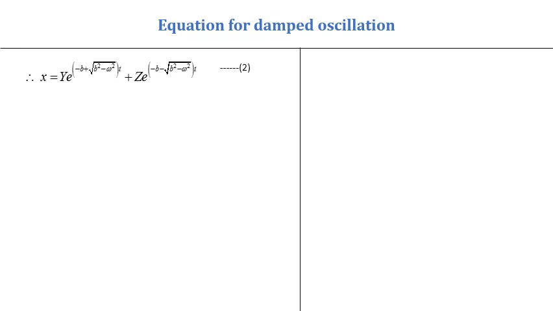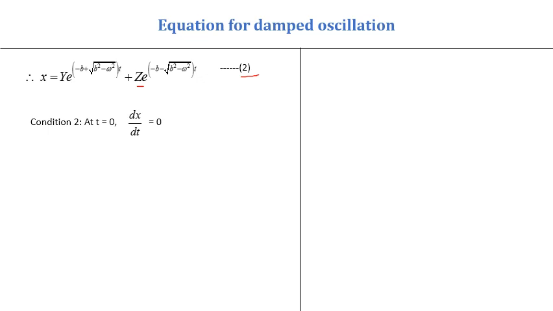So now let us find out the value of z using the second boundary condition. The second boundary condition says that when t is equal to 0, dx by dt is 0. To find this, let us differentiate expression number 2 with respect to t.